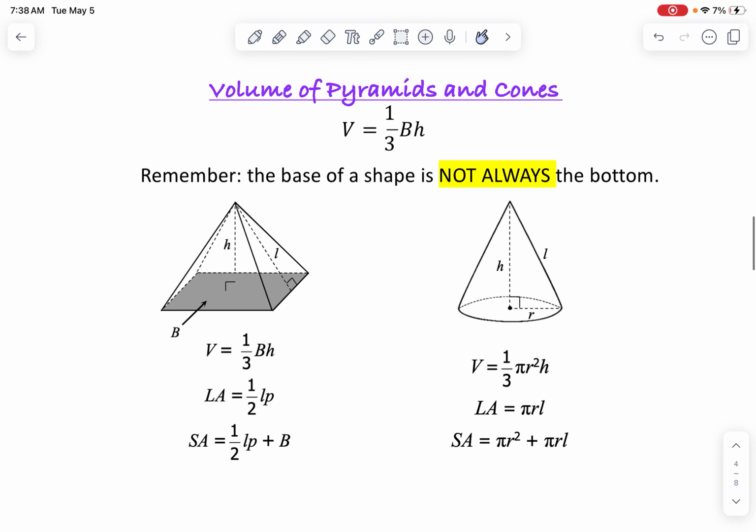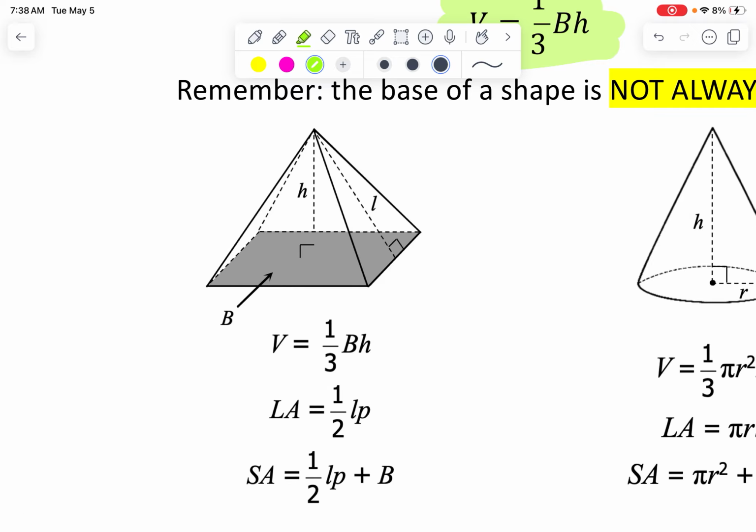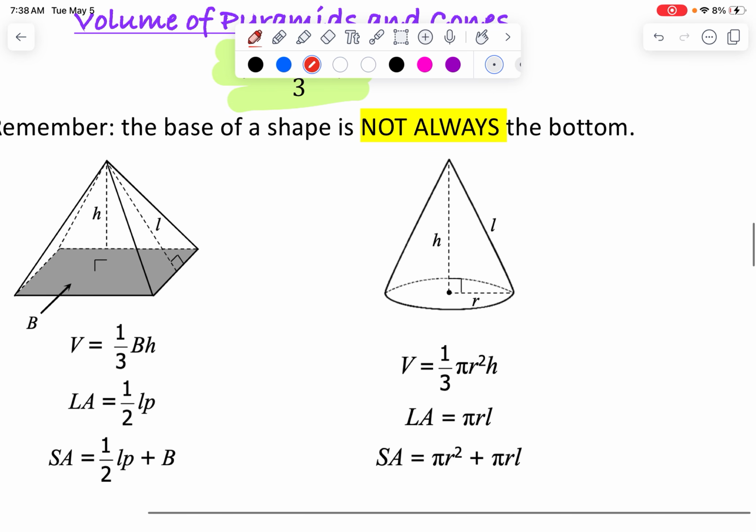Okay, for pyramids and cones, our volume is 1/3 times the area of the base times the height. Remember, the base of a shape is not always the bottom. For this rectangular pyramid, volume is 1/3 base times height, and over here it says 1/3 pi r squared h.